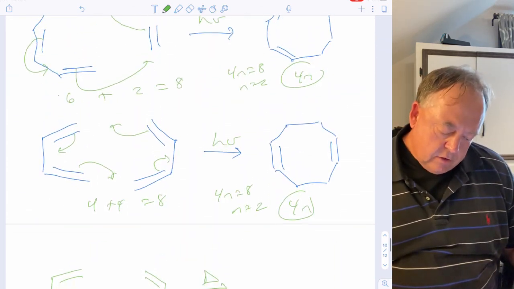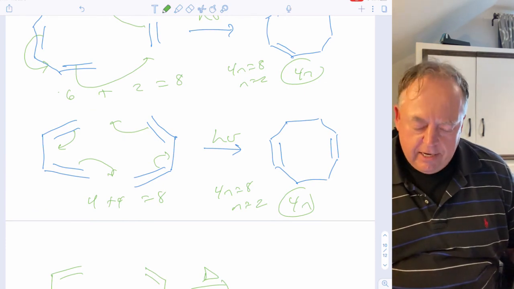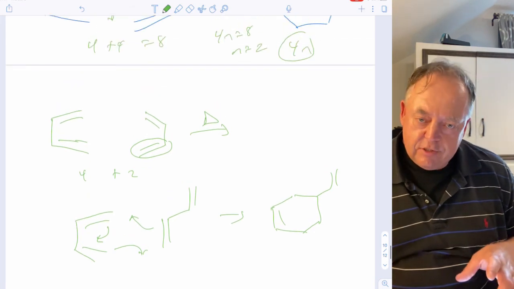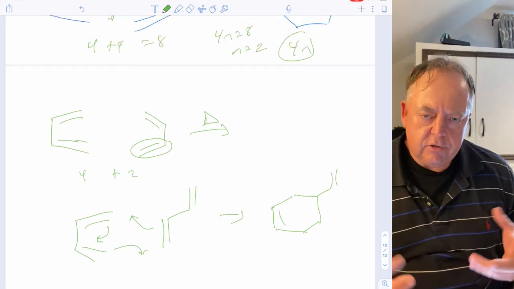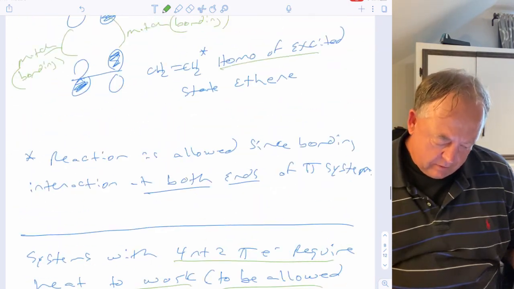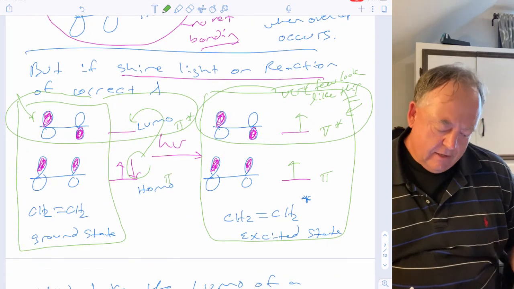Okay, so again, whether a cycloaddition reaction works or not depends on whether you have light or heat. And the product that you get out, if the molecule has options, will depend on whether you use light or heat. So it's pretty complex, right? And the theory is pretty complex. But for the theory, you have to know what the molecular orbitals look like.